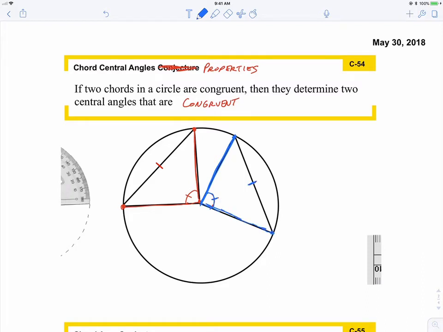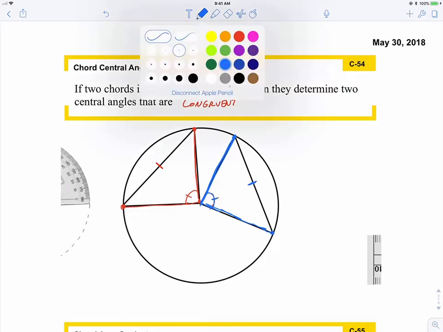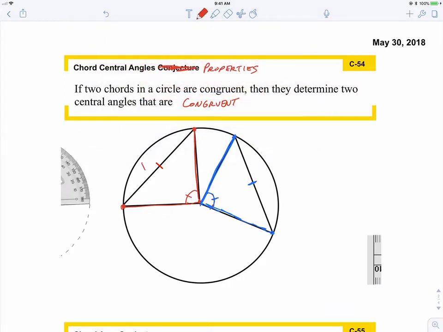And if those two chords are congruent, the red chord and the blue chord, then those angles have to be congruent. So for instance, if I know that this chord is 10 centimeters and this chord is 10 centimeters, and let's say I know that this angle here is 85 degrees, you can now find x. You could say it's also 85 degrees because of this property.